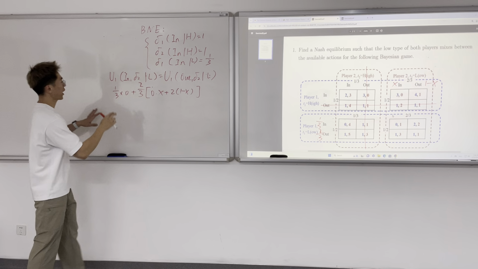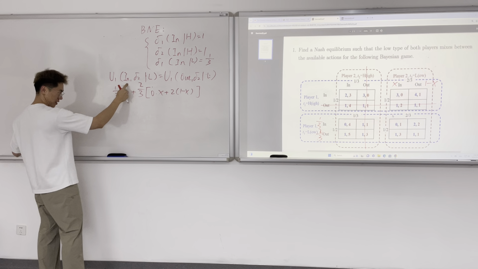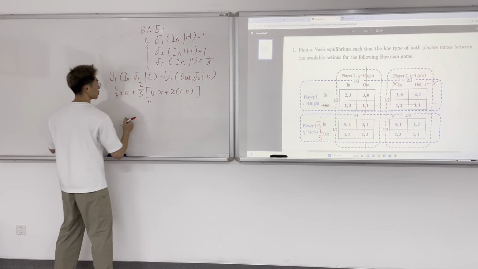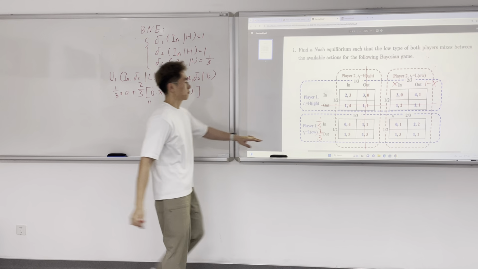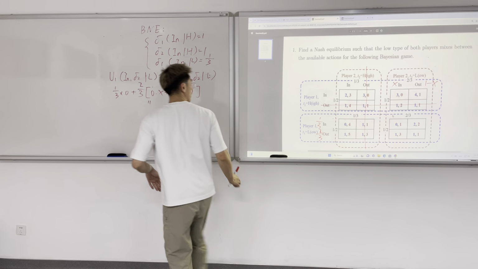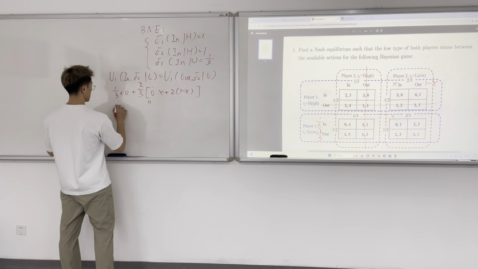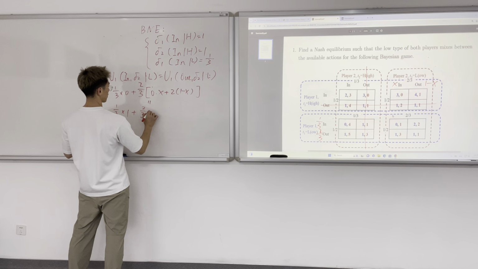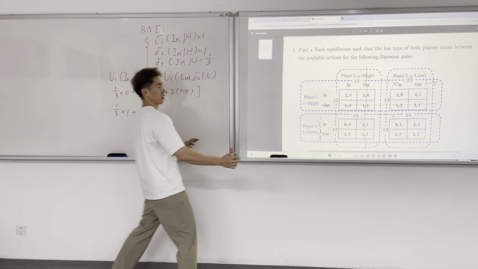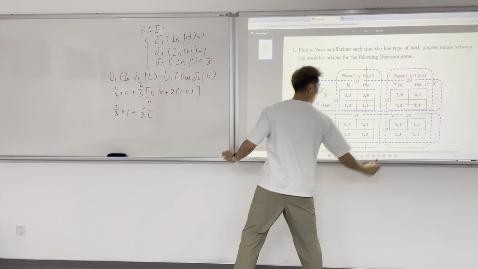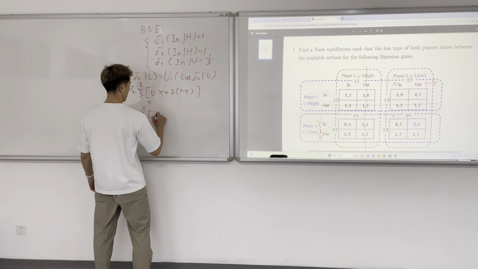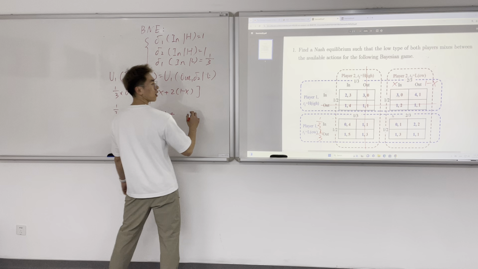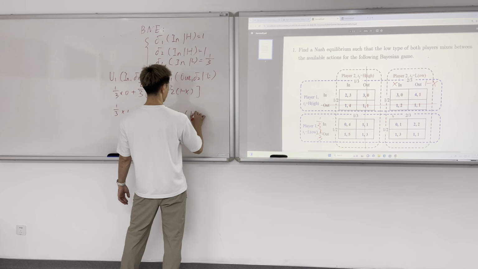Okay, so this is the payoff of low type player 1 playing in. And this equals to playing out. And this is 1/3 times 1 plus 2/3 times x times 1 plus 1 times 1 minus x.